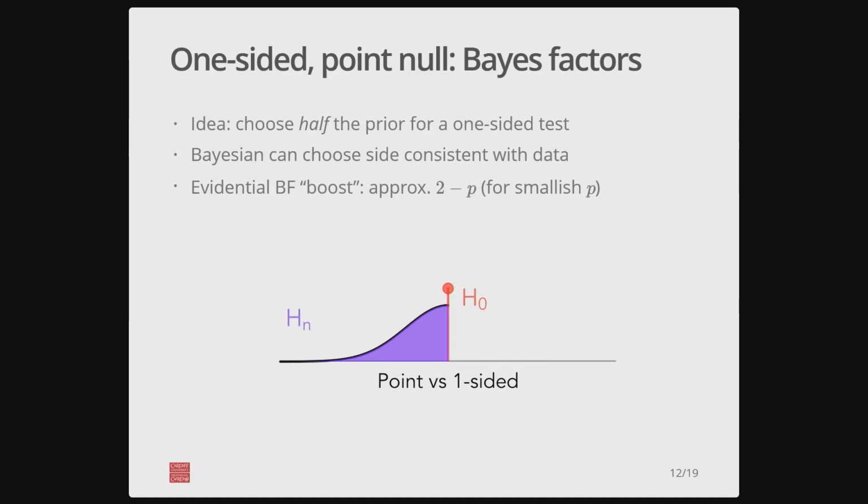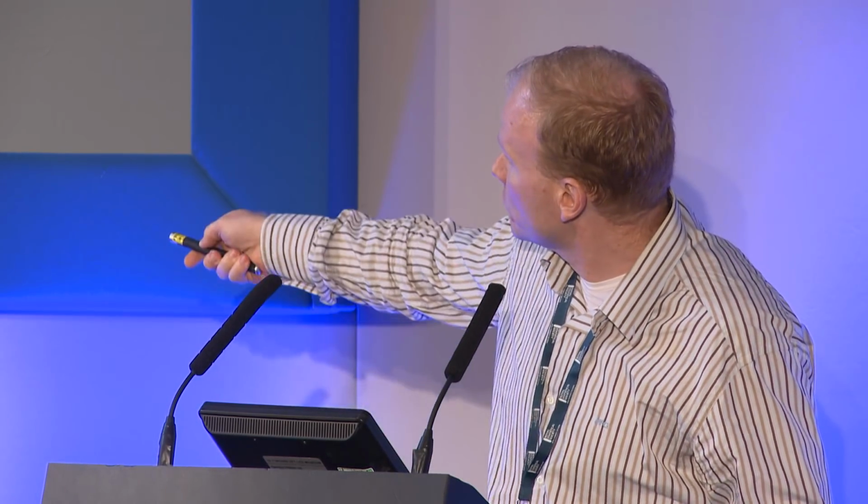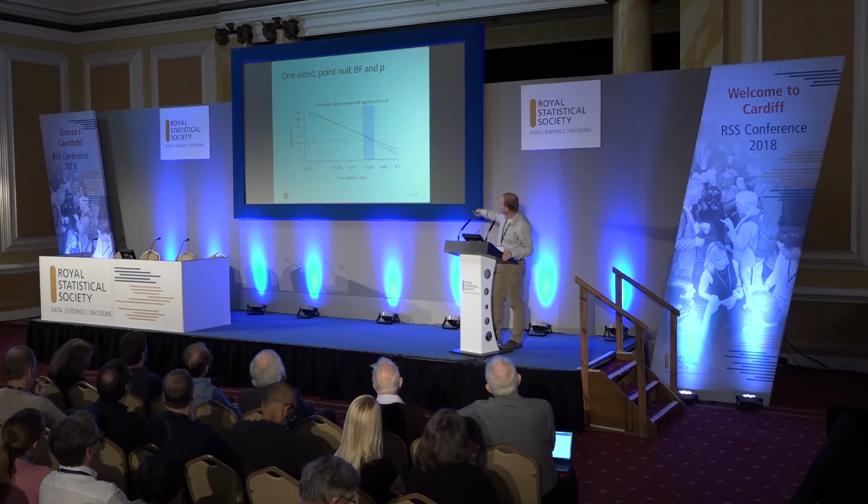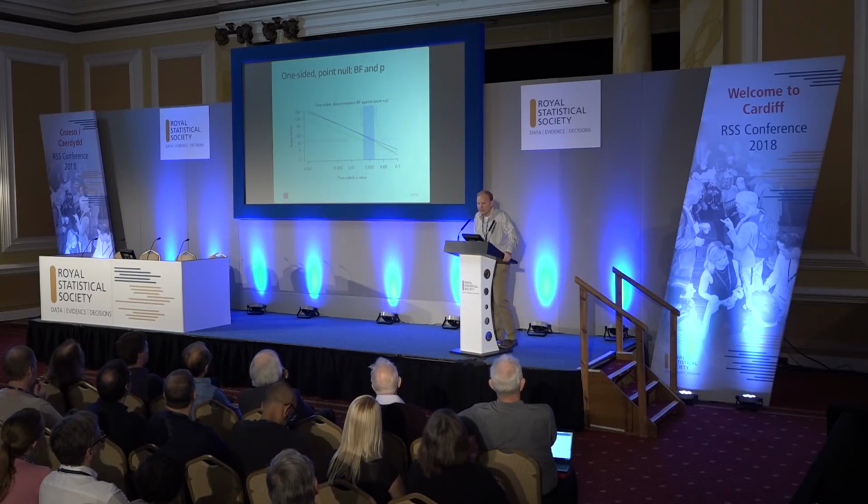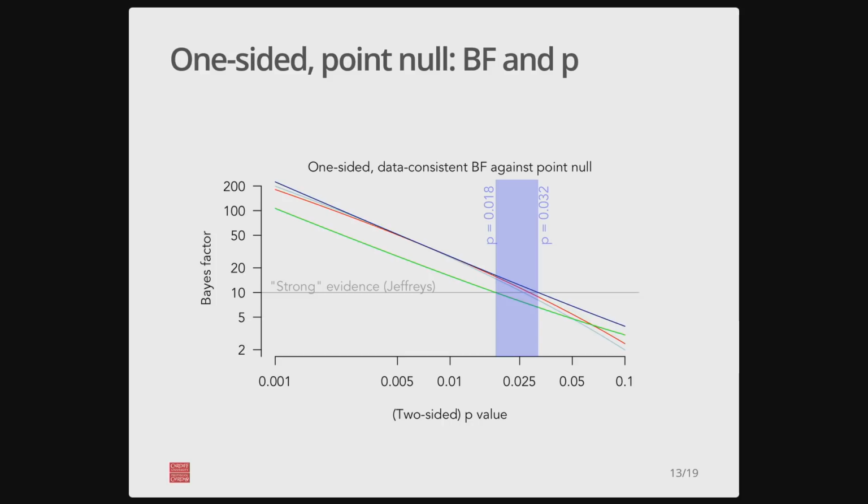So for the cases that we're interested in, this increases the size of the Bayes factors by a factor of 2, just by being able to choose the side that's consistent with the data, which we can if we're Bayesian. So what does this graph look like when we do that? Well, the first thing I'm going to do is add a line here for a Bayes factor of 10, because a Bayes factor of 10 is what some of the authors of the redefined significance team have said is strong evidence following Jeffreys.